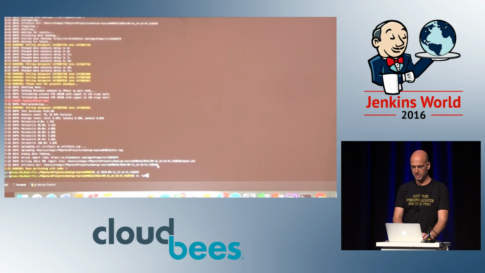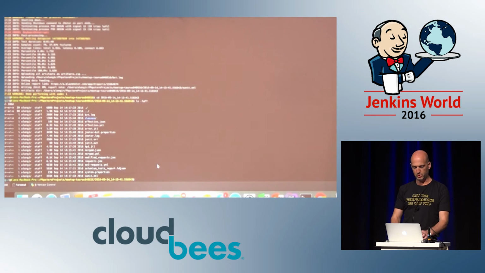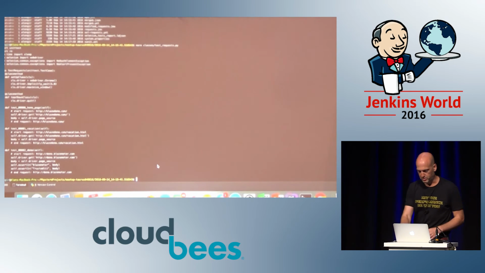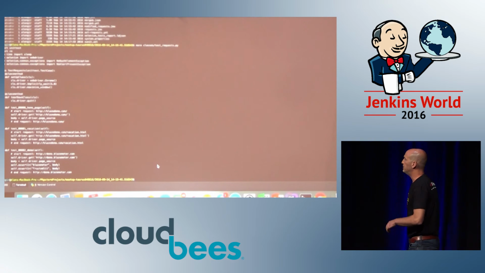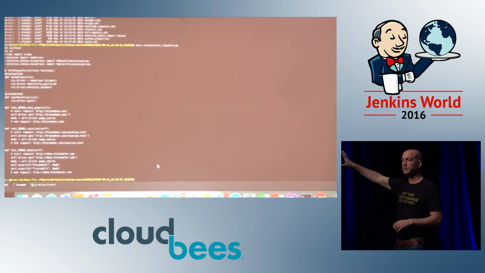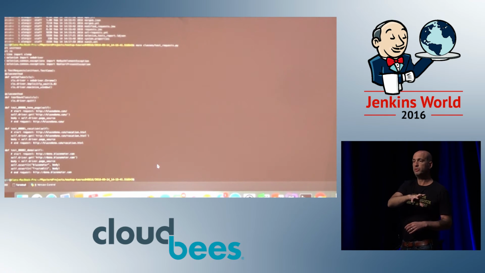Every time I run a test, there is a folder with all of the artifacts in it. And this is the Python script that was generated according to my blueprint. It's normal Selenium stuff generated according to the configuration file.